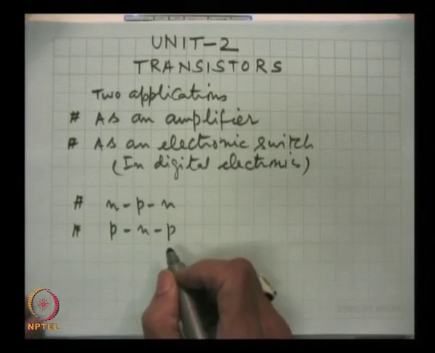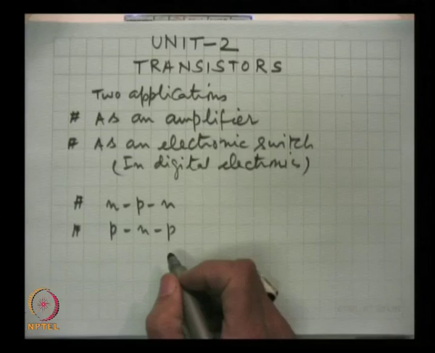These are the two types, and as you must be knowing, a diode was a two terminal device, and a two terminal device cannot act as an amplifier. There should be at least three terminals.